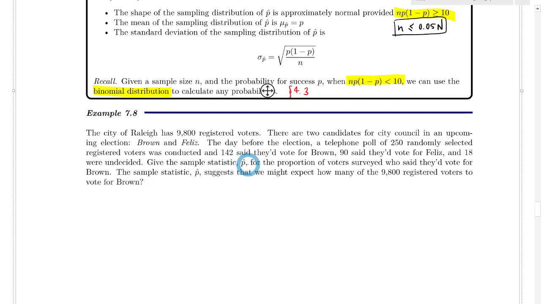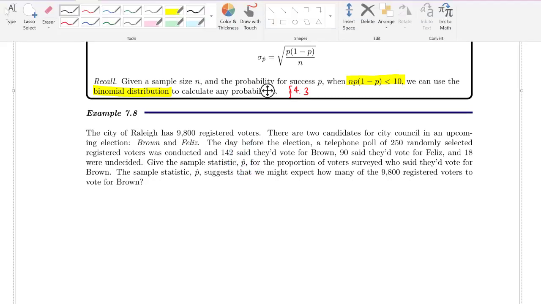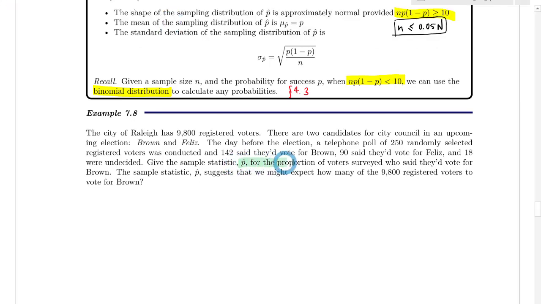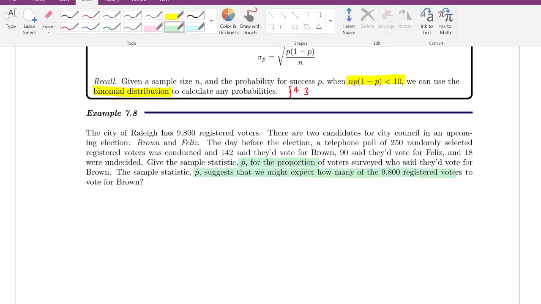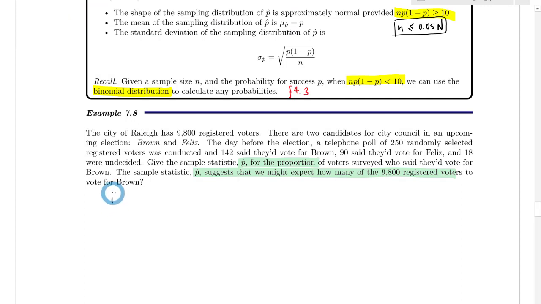So in this case, they're giving us the scenario. They're telling us that it's a proportion and that they want us to find p hat and then find an expectation. The first thing they wanted us to do is give a point estimate.